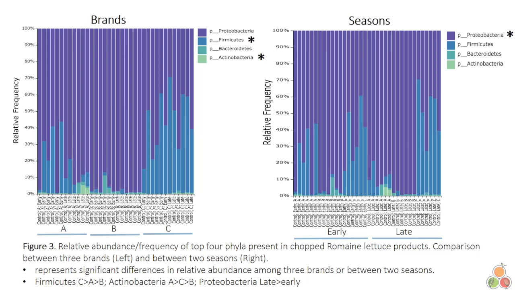And Proteobacteria, their differences still exist, which means that washing really altered somehow, right? The Firmicutes balanced it out a little bit, whereas Proteobacteria, because of the high relative abundance, didn't get much changed. And we see Proteobacteria, the late season is more than the early season.